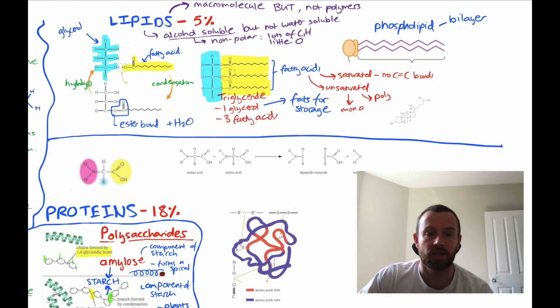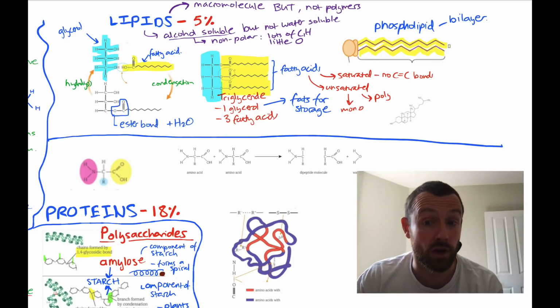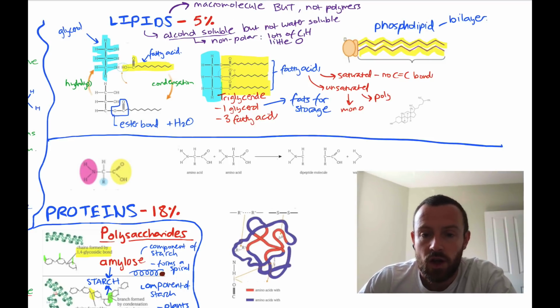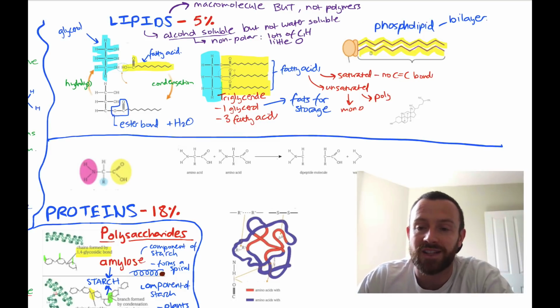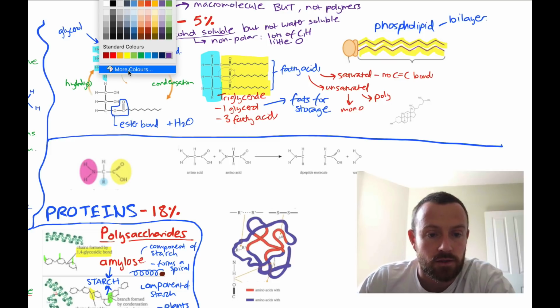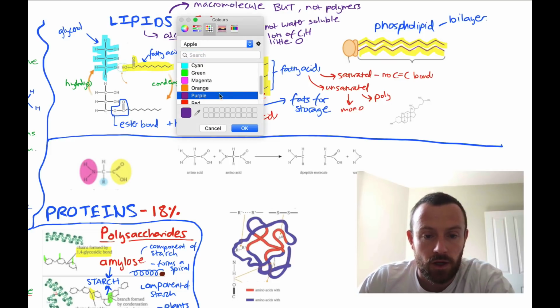Now, a phospholipid is very similar to the triglyceride, except it has one fatty acid here and a second fatty acid here, but there's no third. That is because in place of the third fatty acid, we put a phosphate group.